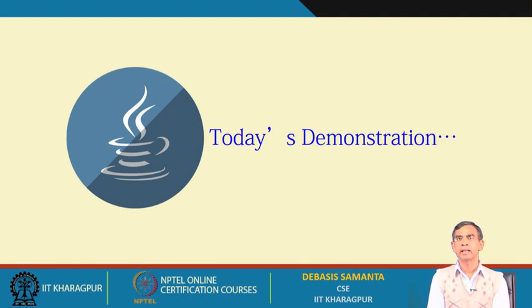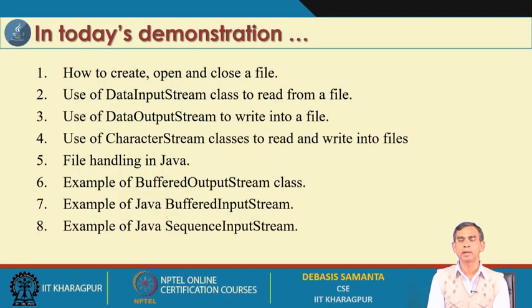And in order to make this diversified input output process, that means input from different sources, output to different sources, there are many mechanisms, rather many ways that have been devised in the Java system.